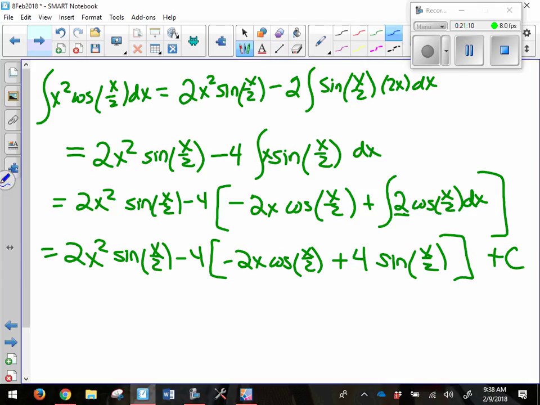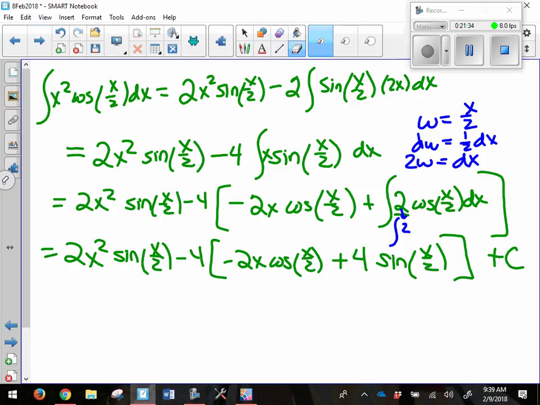And so if I do the w substitution again, then dw is 1/2 dx, and dx is 2 dw. So my integral becomes, I still have this 2, but then I have, sorry, wait, dw, I'm sorry. So then this becomes cosine w times 2 dw. Okay, you good?